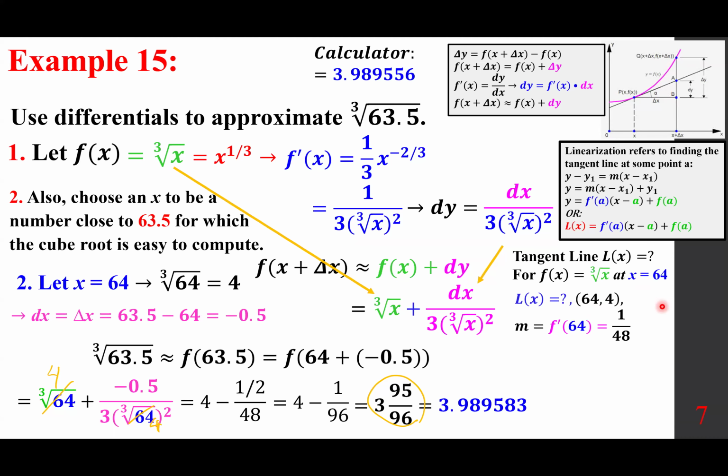So again, I'm not going to go with this formula because I've seen students sometimes memorize that without really understanding what's going on. So just go with the point slope, y minus y1. That means y minus 4 equals m, 1 over 48, times x minus x1. That means 64. If I distribute again, 1 over 48 times x minus 64 over 48, minus 4 moves and becomes positive 4.